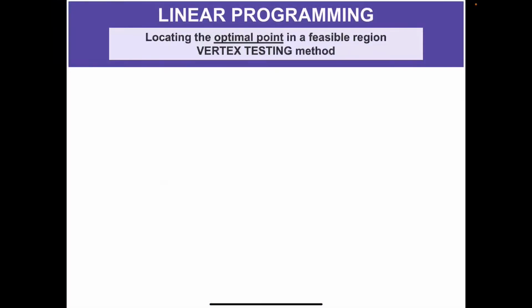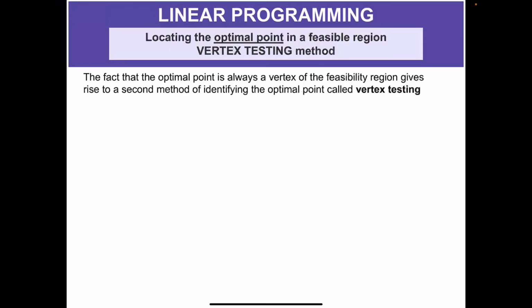Now, we're going to look at how the vertex testing method works, because you could notice that every single time you look for the optimal solutions, if you have done your problems, it always happened to be at the vertex of the feasible region.